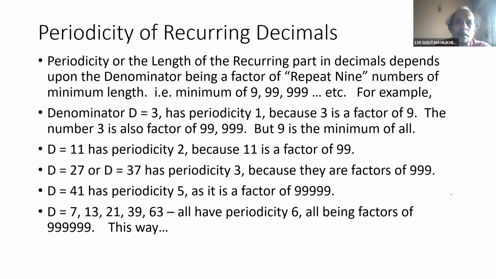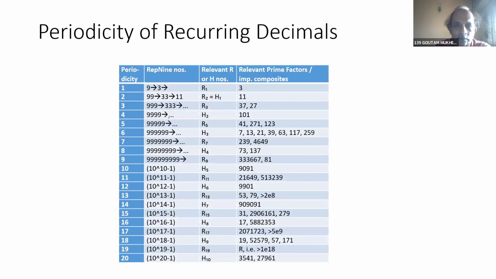Now periodicity, I told you that it is all repeat 9, being factors of repeat 9. That is, the periodicity will be there. So that is shown here. So periodicity of, say, 73 is 8, because 8 numbers of 9 is divisible by 73 and 137, not below it.